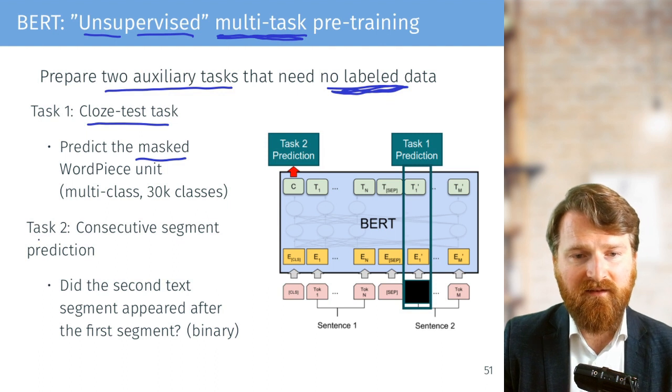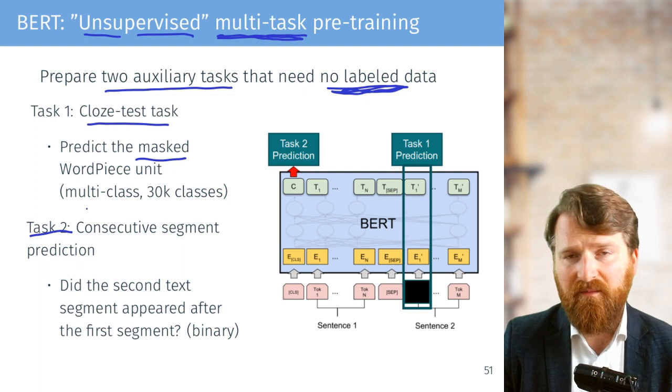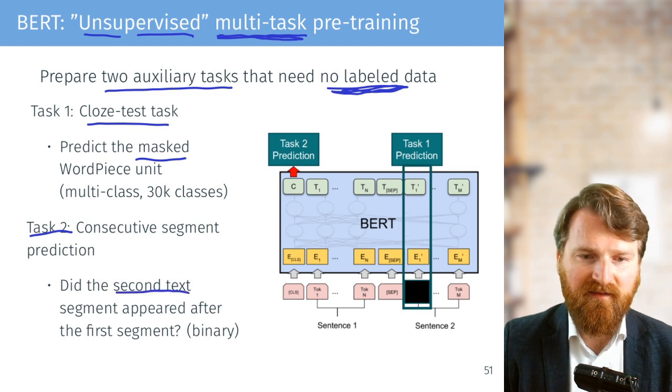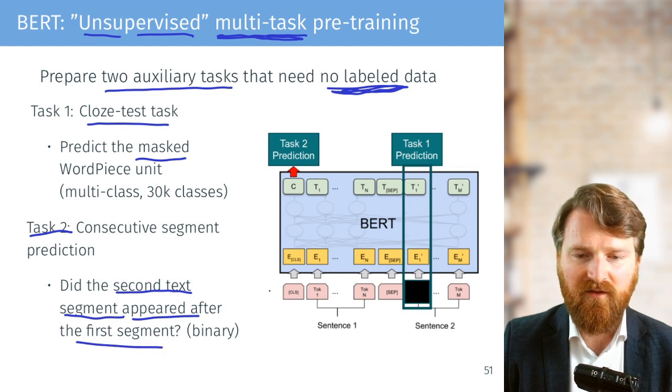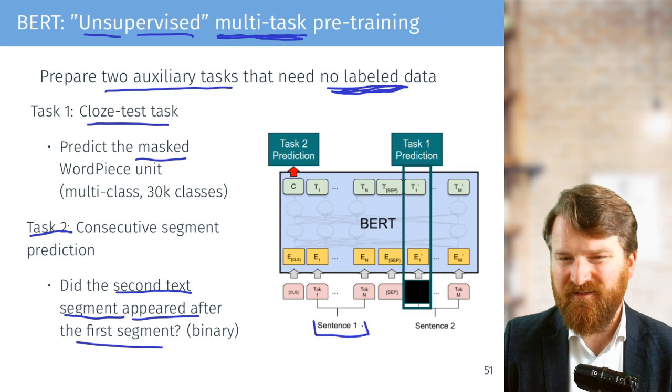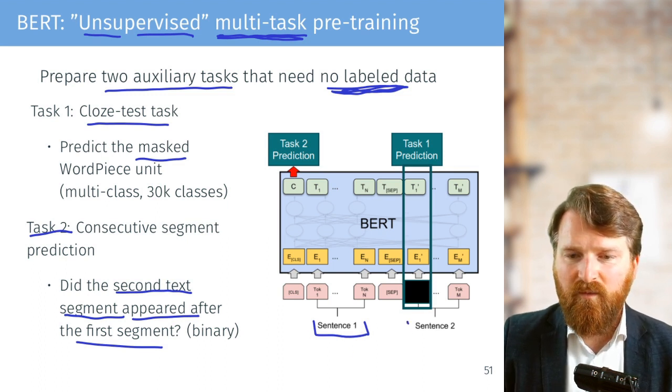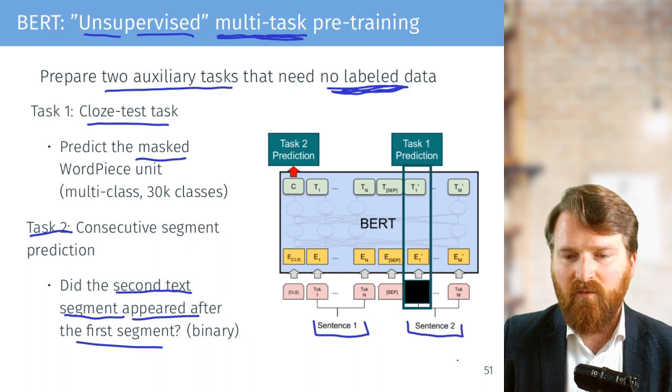The second task is quite interesting. Why is that so? Maybe you want to give it some thought afterwards. It's predicting whether the second text segment appeared after the first segment. So we have 2 sentences, or better, segments. These are not really sentences, but it's just for simplicity here. We have sentence 1 and sentence 2. We take these two from some corpus, and in some cases we keep them as they were.